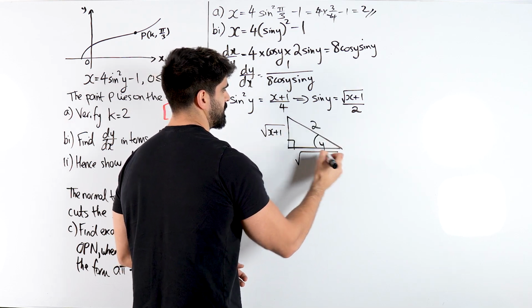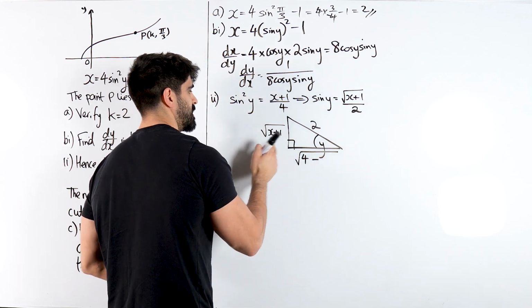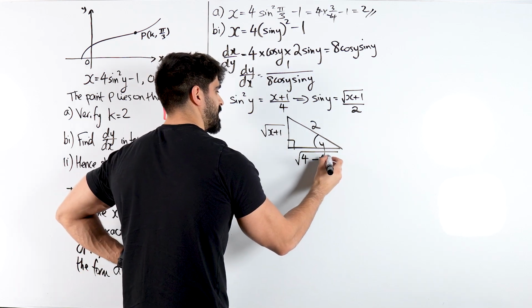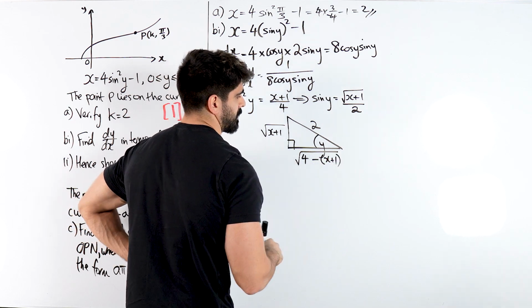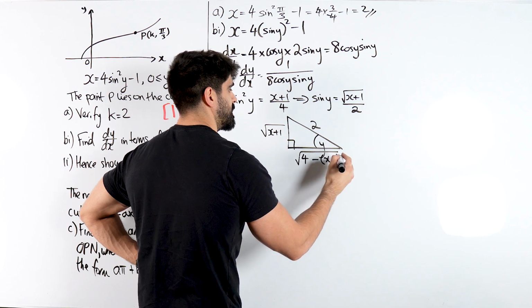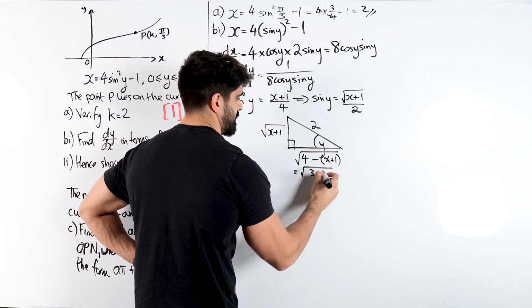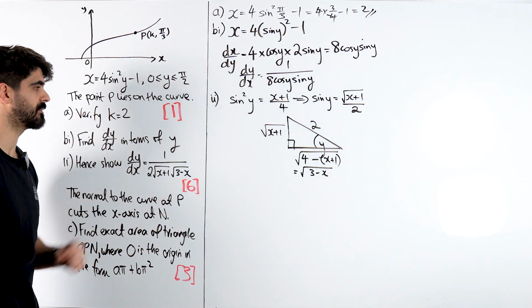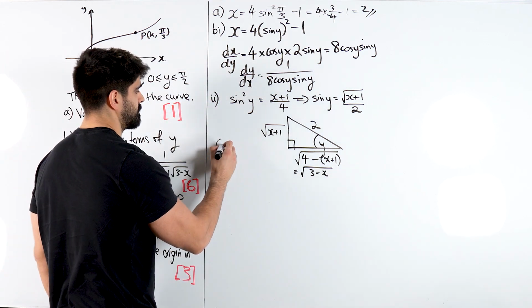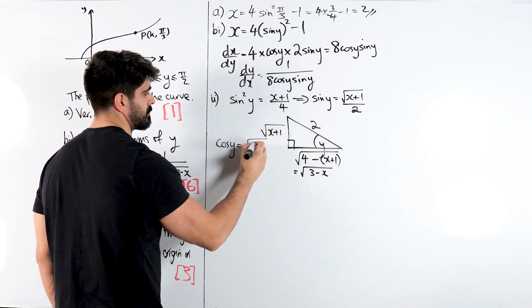So the adjacent side is going to be 2 squared, 4, minus this whole thing squared, which is just x plus 1. Okay, which becomes 4 minus x minus 1, which is 3 minus x. So this is just root 3 minus x. Now you can see where that's coming from. So cos y is adjacent over hypotenuse.